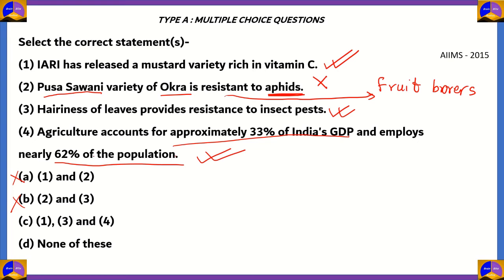So statement number 4 is also correct, 3 is correct, 1 is correct. Therefore, the right answer is option C. Statements 1, 3, and 4 are correct. The only incorrect statement is that Pusa 70 variety of okra is resistant to aphids. The correct pest is fruit borers and not aphids.